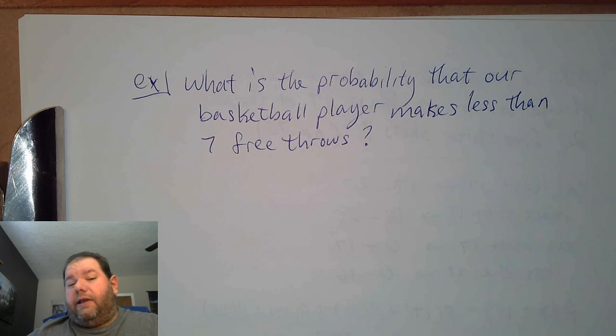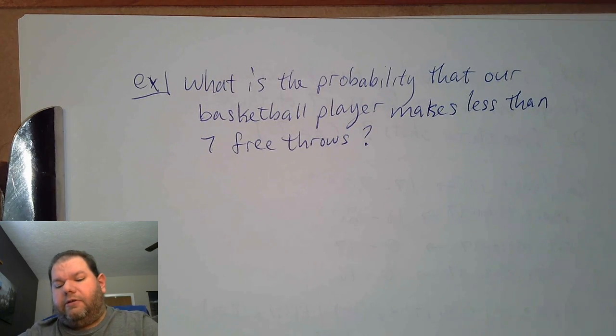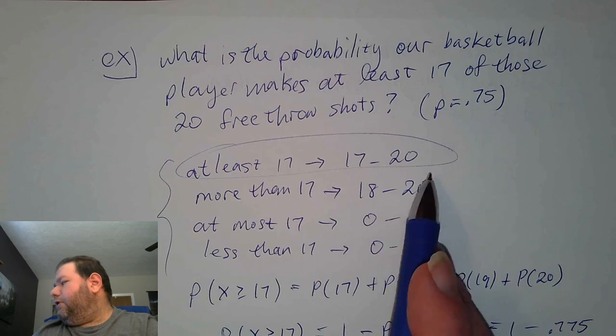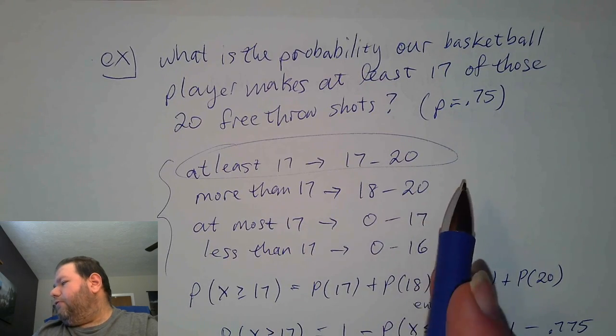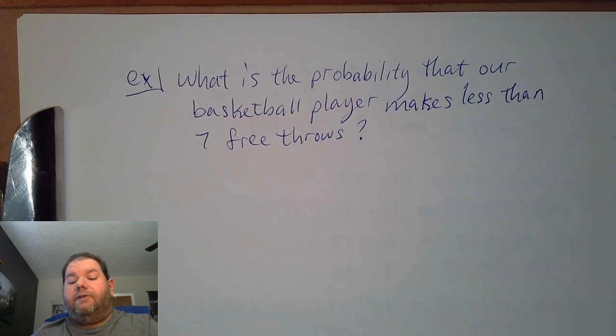Now, if we say less than 7, then what interval of outcomes does this indicate? Similar to how we talked about on the previous sheet. We said at least 17 was 17 through 20, more than 17 was 18 through 20. Yes, 0 to 6. So less than 7 means 0 through 6.